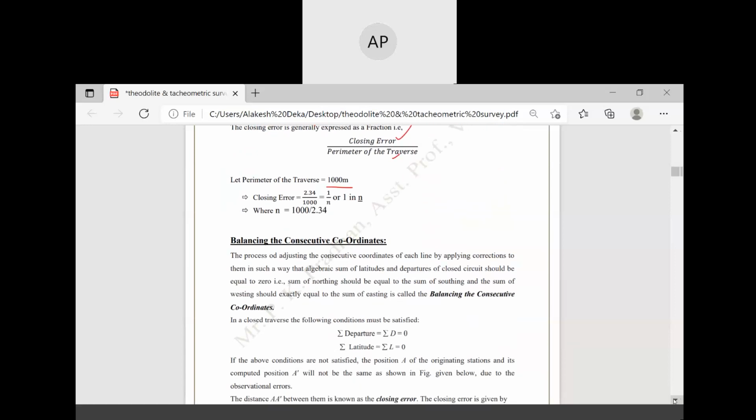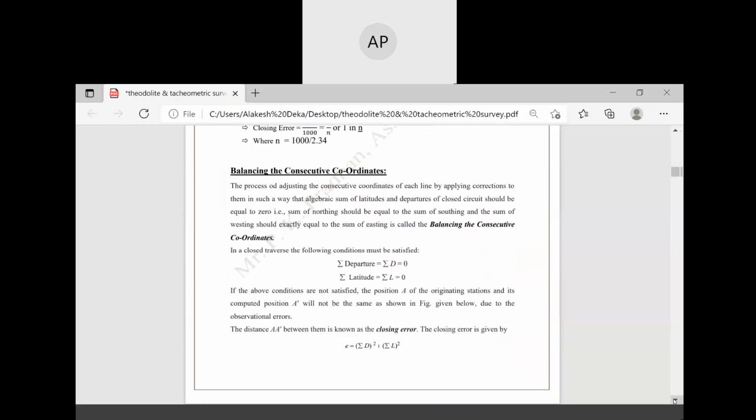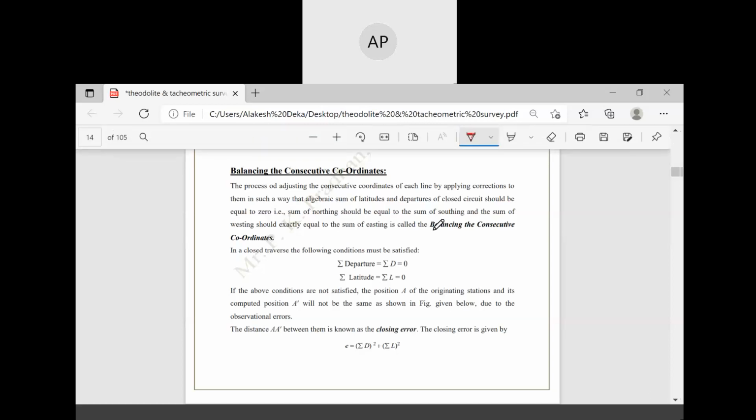Balancing the consecutive coordinates. The process of adjusting the coordinates of each line by applying corrections to them in such a way that the algebraic sum of the latitudes and departures in a closed circuit should be equal to 0. So balancing the consecutive coordinates means summation of departure will equal 0 and summation of latitude should be 0.